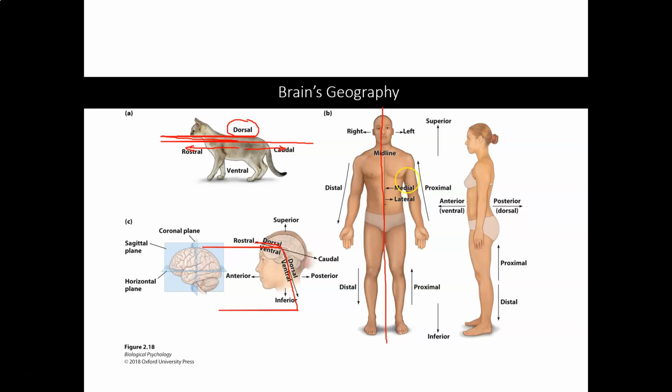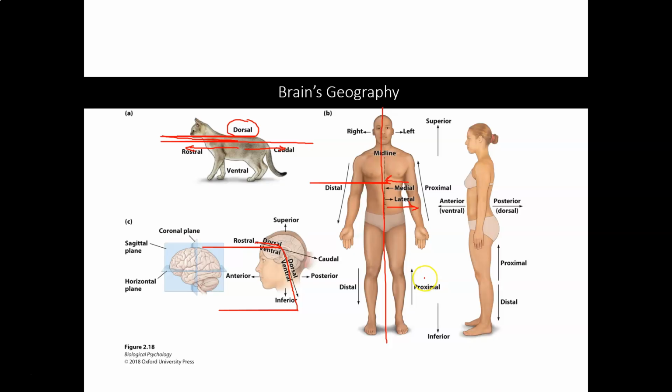And so medial means these structures are closer to the middle of the brain, and lateral means the structures are closer to the outside of the brain. So for example, your ears are lateral to your nose, and conversely, your nose is medial relative to your ears. Okay, and then when we're looking at superior, this orients you to the top. Inferior would be towards the bottom.